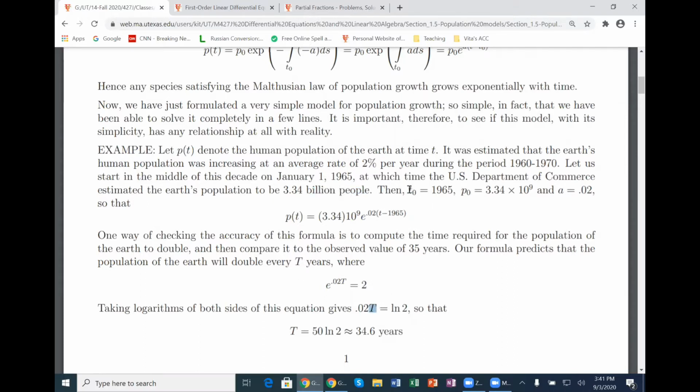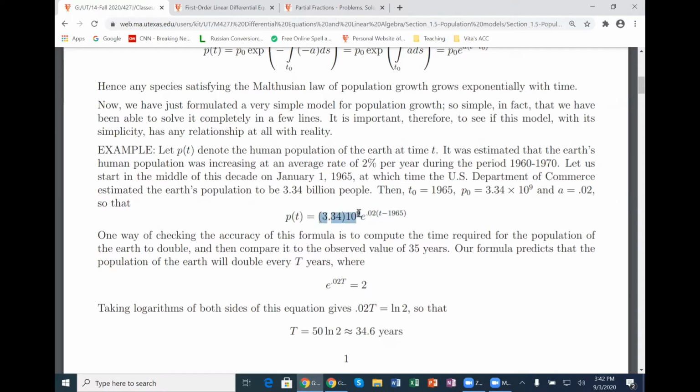In our case, t0 is 1965, P0 is this, 3.34 times 10 to the 9th power. And since an average rate is 2%, A is equal to 0.02. So the formula for P is over here.